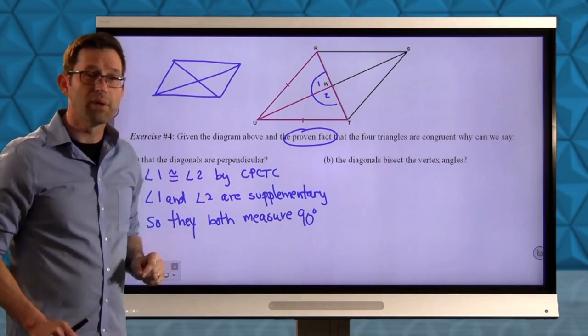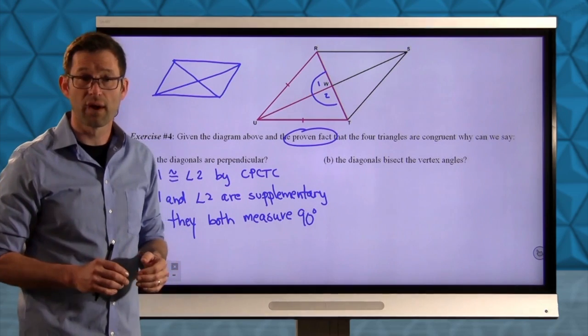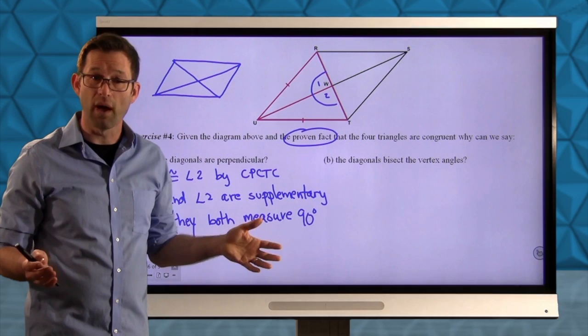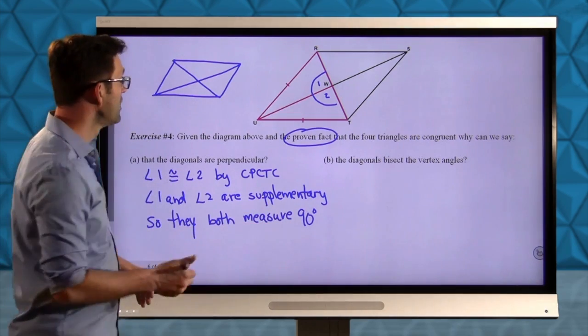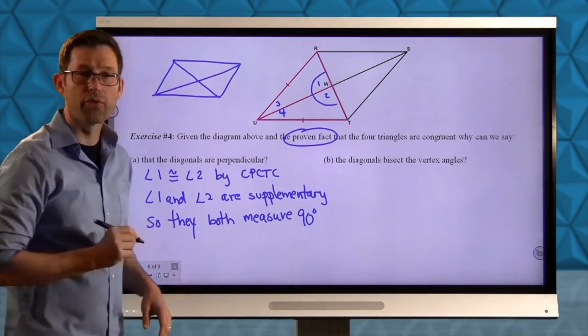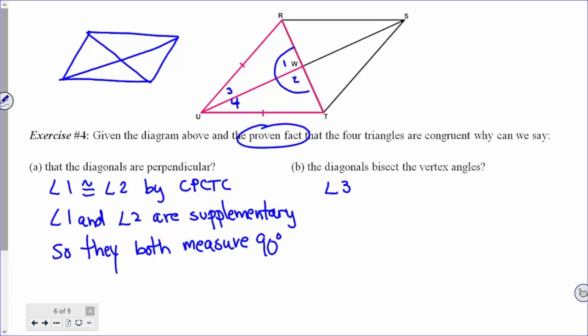Okay, now the second piece is the fact that the diagonals bisect the angles of the rhombus. And that's actually pretty easy as well, and here's why. Let me call this angle 3 and this angle 4. Again, just like before, angle 3 must be congruent to angle 4 by CPCTC.